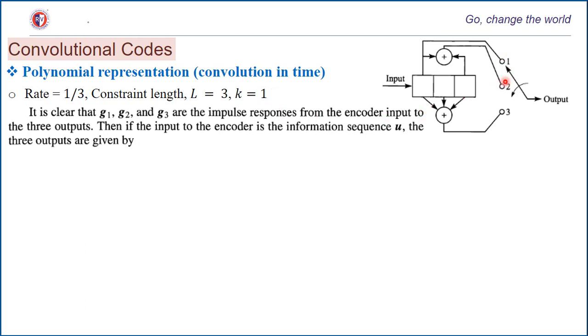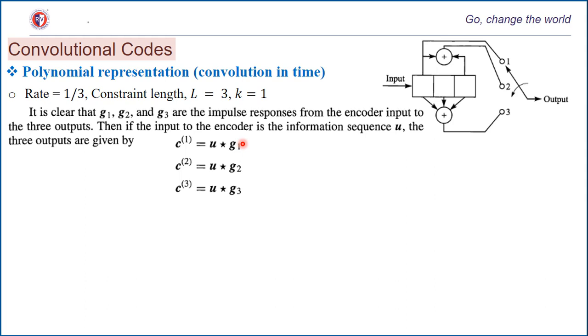As we know, there are 3 generators here, and accordingly we can write 3 generator polynomials. Those generator polynomials, when convolved with the incoming bits, will generate the output codes. The code words, with superscripts 1, 2, 3, represent the 3 bits of the encoded output, and the code words are generated by convolving the incoming bit stream, represented as u, with the generator polynomials.